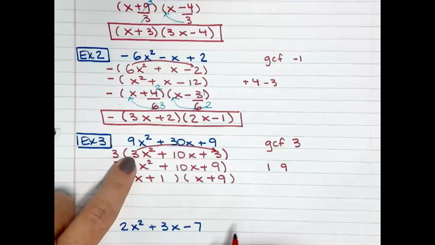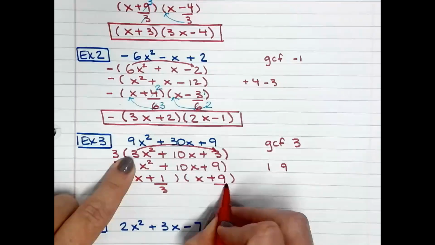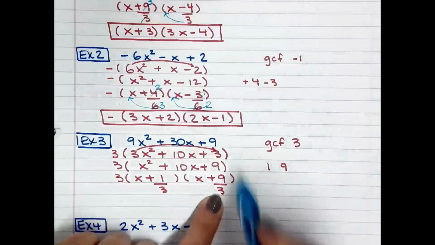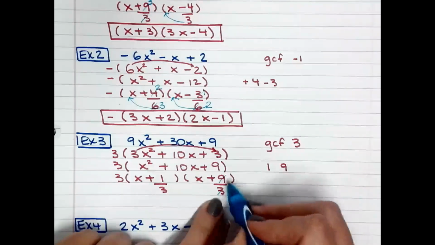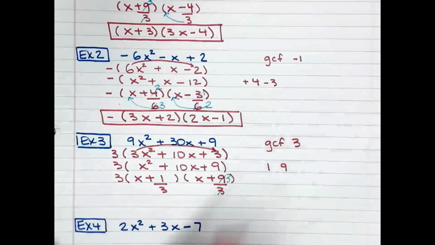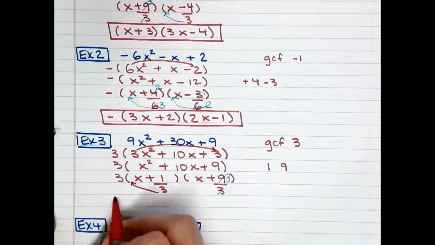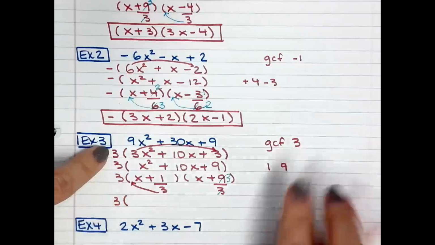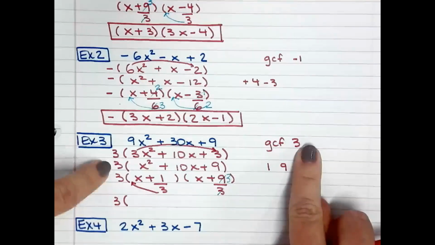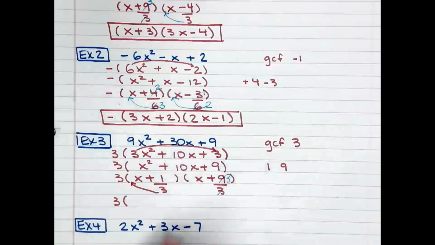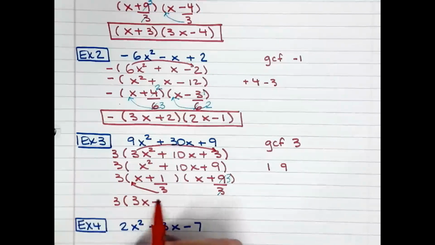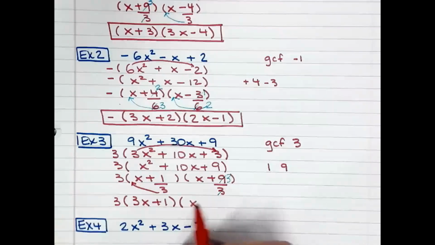Okay, divide by 3. Simplify this fraction right here. 9 divided by 3 is 3. Bring that up. Notice how the GCF doesn't disappear. The GCF is still there.